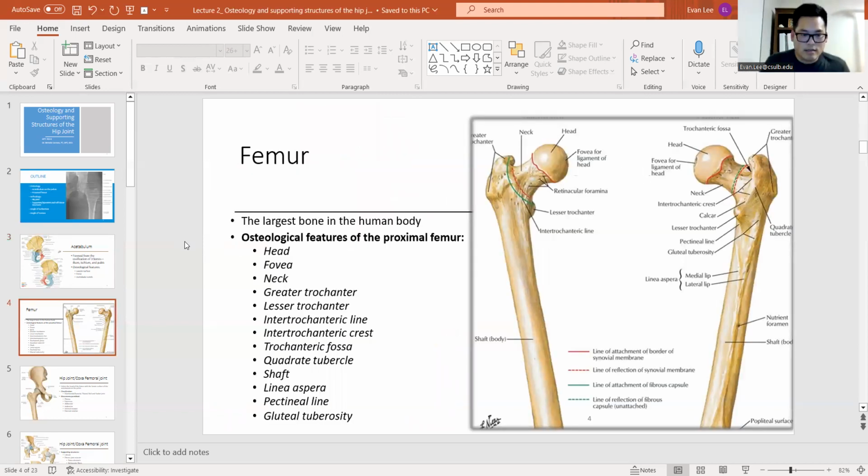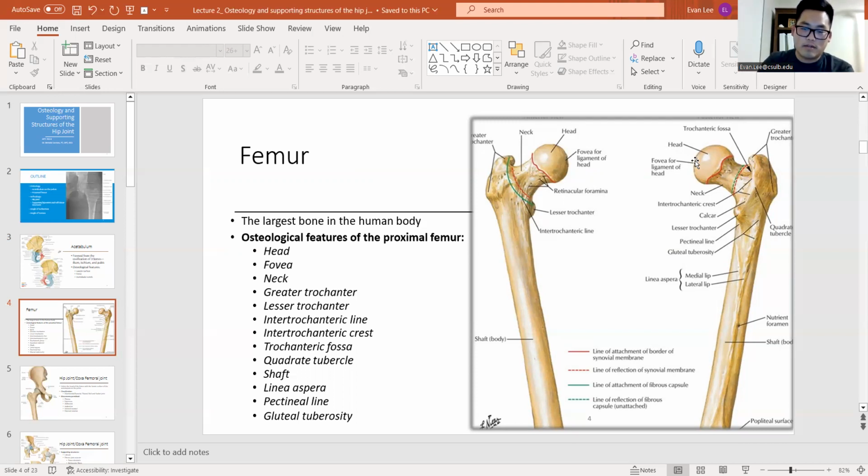Now, taking a look at the femur, you can see that there are quite a few little landmarks, even on the proximal side of the femur. So let's start off easy by taking a look at the head of the femur. So the head of the femur, as you probably have guessed, is this large rounded part. This is the part that connects to the acetabulum, but if you look closely, there's this small little depression right at the end of the head of the femur, basically.